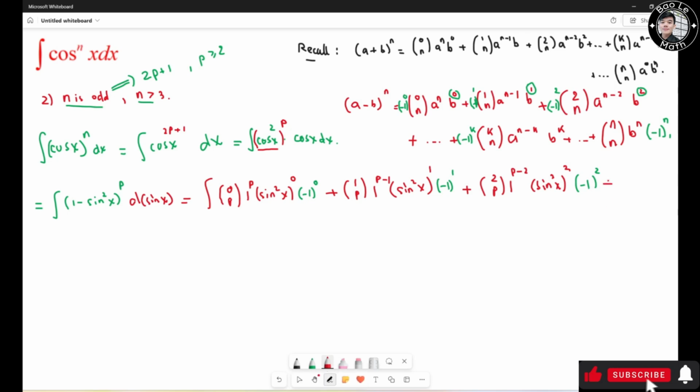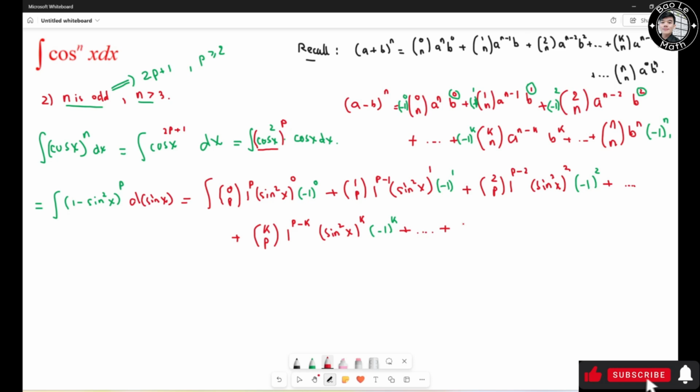Alright, plus etc., plus the general term, the combination of k, p, 1 to the power of p minus k, sine square of s to the power of k, times negative 1 raised to the power of k, right? Plus, etc., until the last two terms.